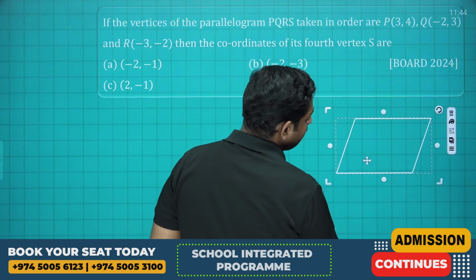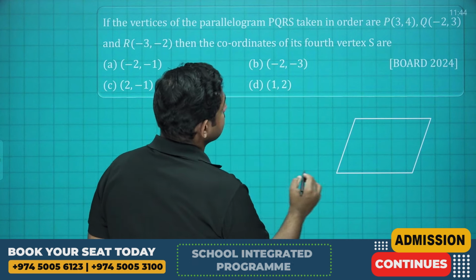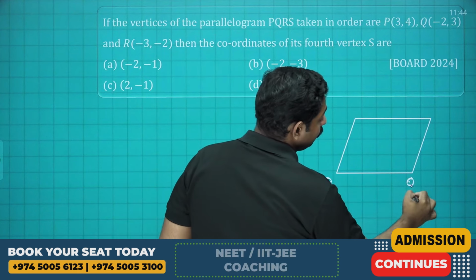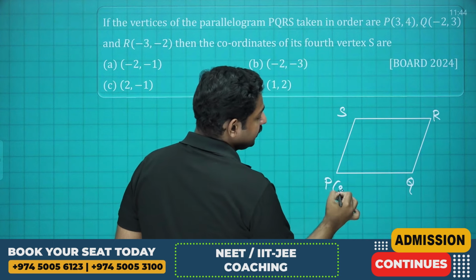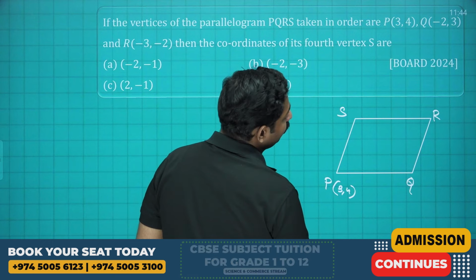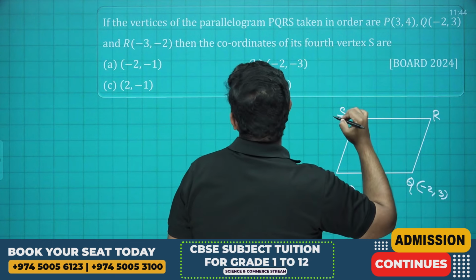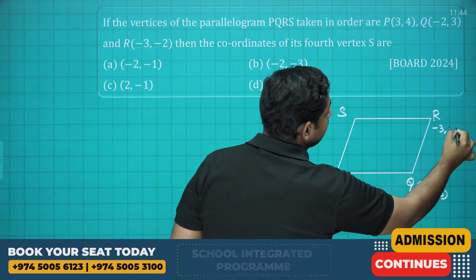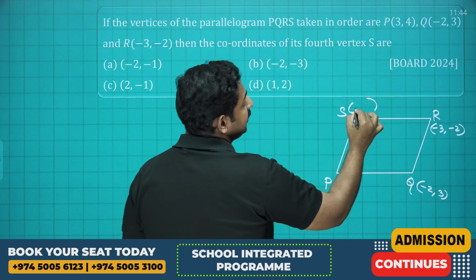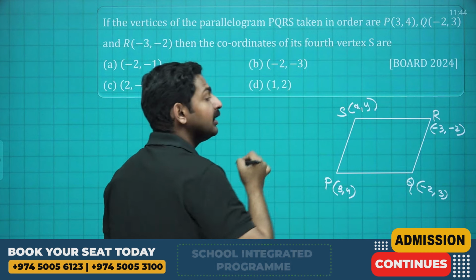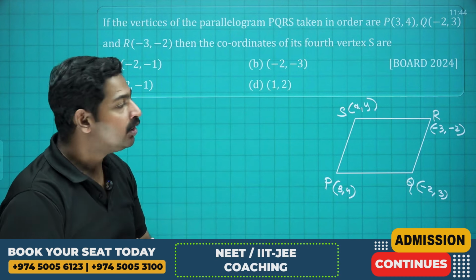Suppose this is the rough figure of the parallelogram and I am marking the points: P, Q, then R, S. The coordinate of P is 3, 4, the coordinate of Q is minus 2, 3 and R is minus 3, minus 2, and S we don't know. So it can be taken as suppose X, Y, that we need to find out.